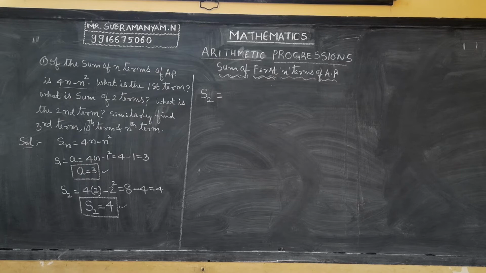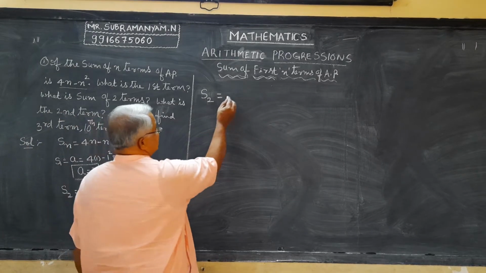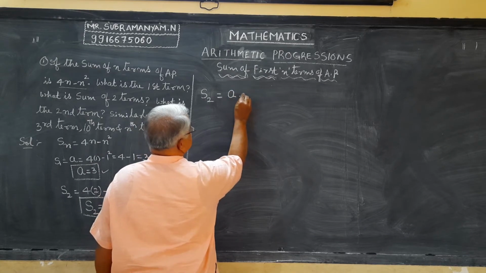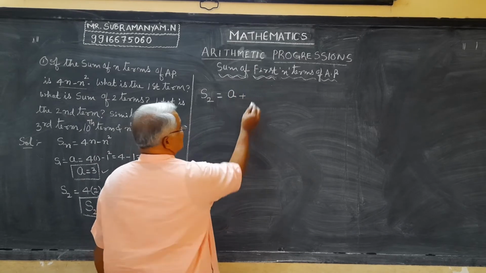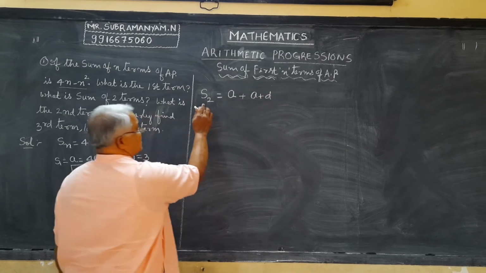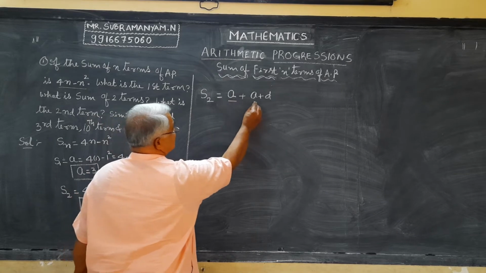Okay. In that, the sum of two terms is nothing but the first term plus the second term. Sum of two terms means this is the first term, this is the second term.